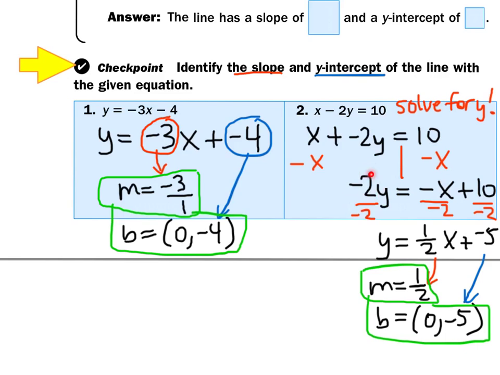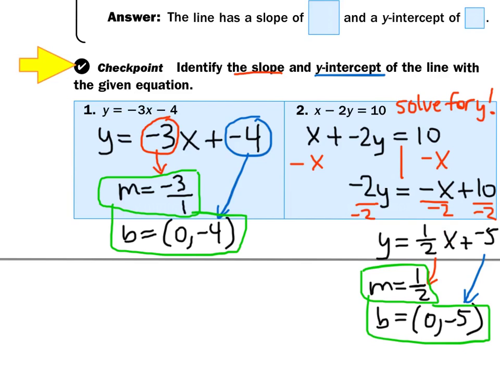And now I have to get rid of the negative 2, so I'm going to divide everything by negative 2. So negative 2 divided by negative 2 just gives me my 1y. I bring down the equal sign. Now remember, in front of this x, there's that giant invisible 1. So negative 1 divided by negative 2, two negatives make a positive 1/2.